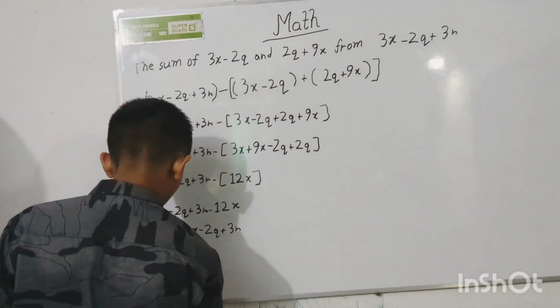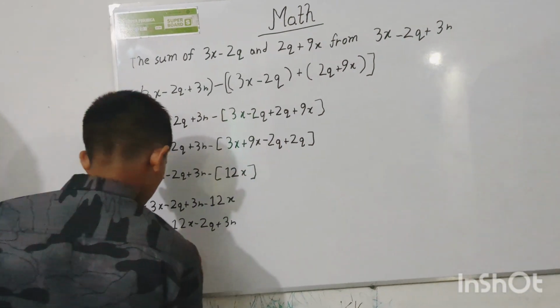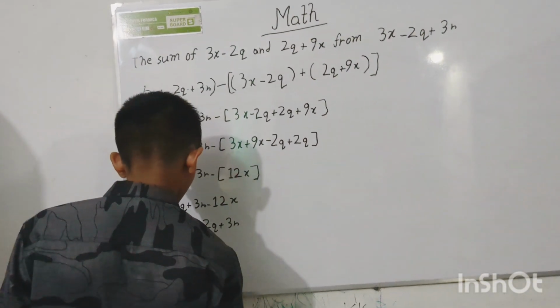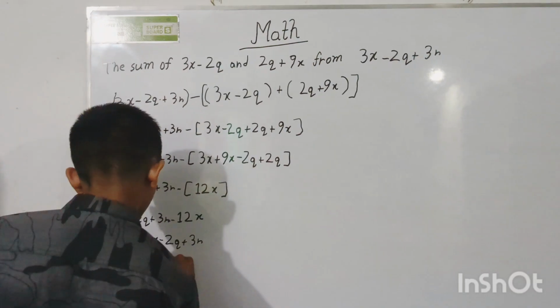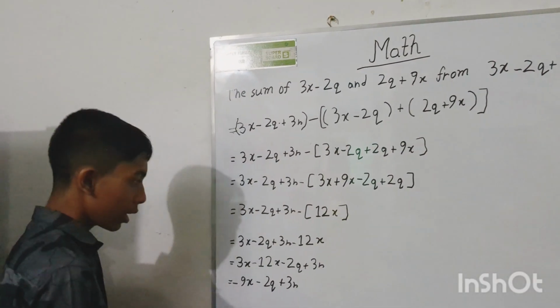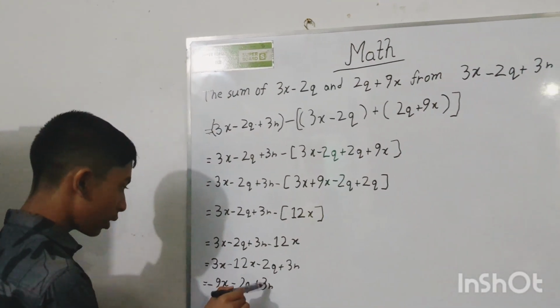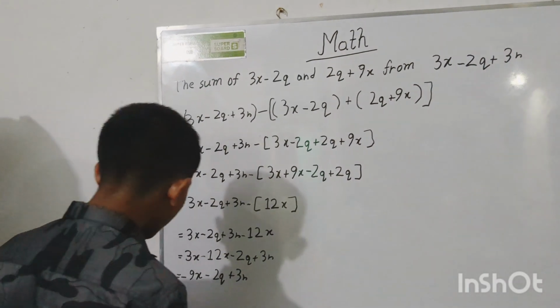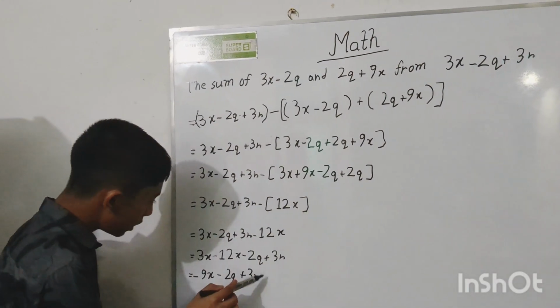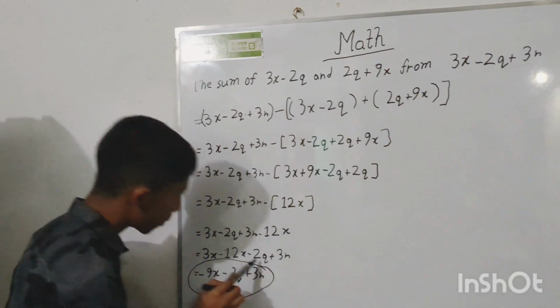So here will be minus 9x minus 2q plus 3r. Here is 2q, and here is 3r. So I can't do anything here, and this is our answer.